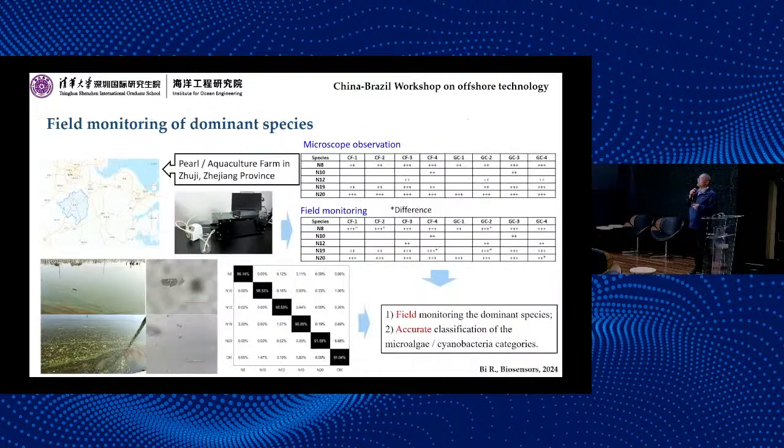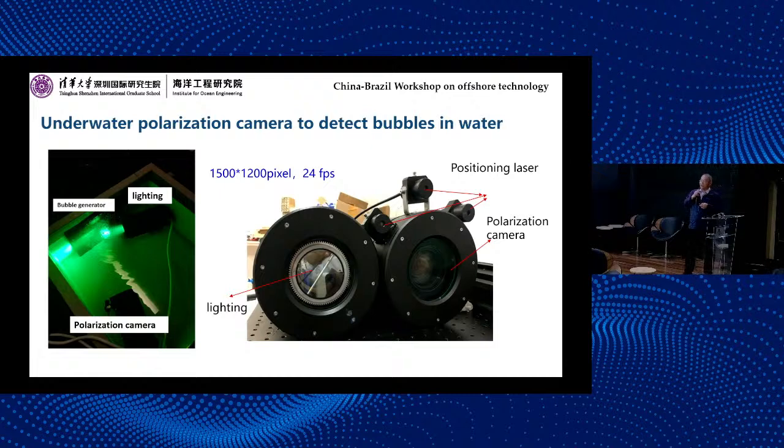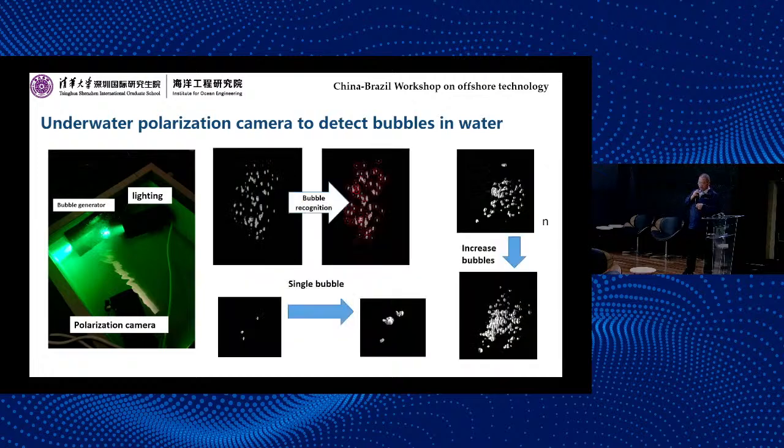And with this instrument, in the field, we can recognize harmful algae in fresh water. About bubbles, here I built a polarization camera. Here is the light source and here is the camera, with a special device to generate the bubbles, and I will show you the result.